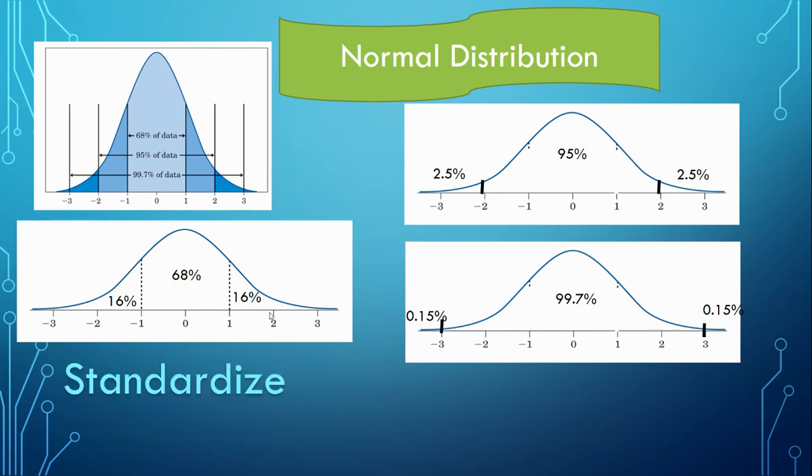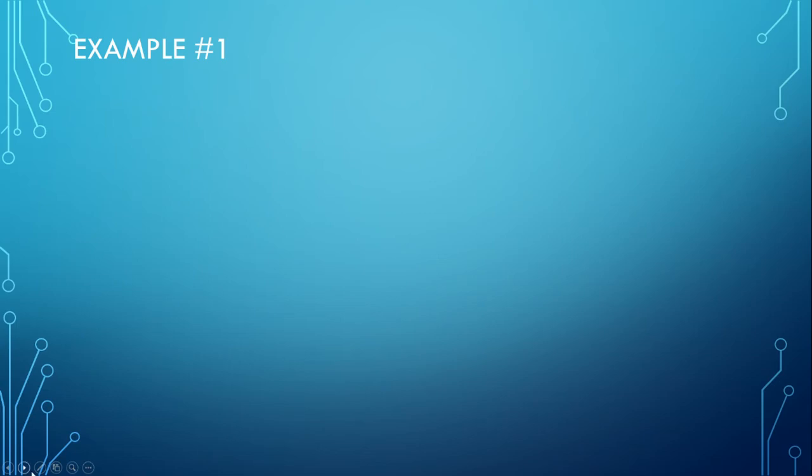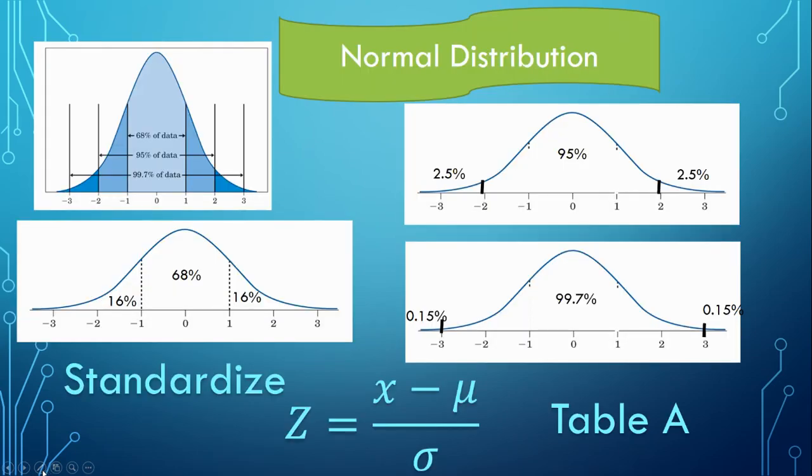So if it wasn't 1, we had to standardize. And remember the z-score formula? X minus the mean divided by the standard deviation. And then we use our table A. Now remember, the X was my observation. This was my mean.